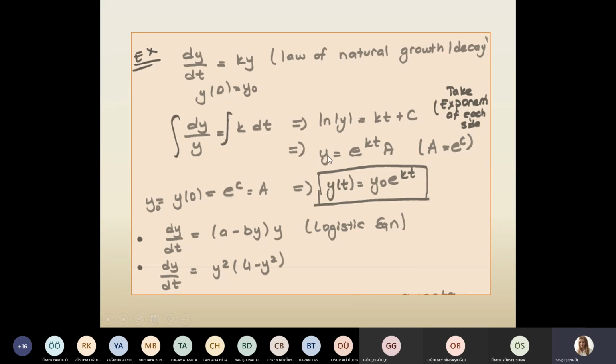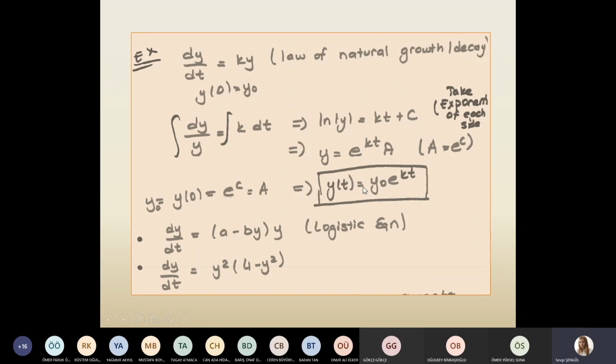So my solution is y equals a e to the kt. And since the initial condition is given, when t is 0, y is y0. So when t is 0, e to the 0 is 1, a is y0. So instead of a, I just plugged in y0. And here is the solution of this initial value problem.